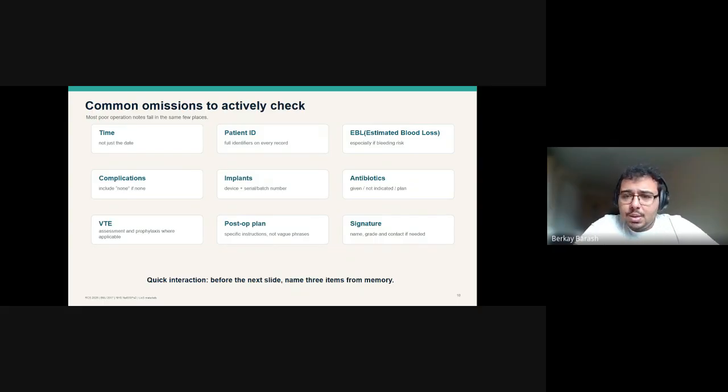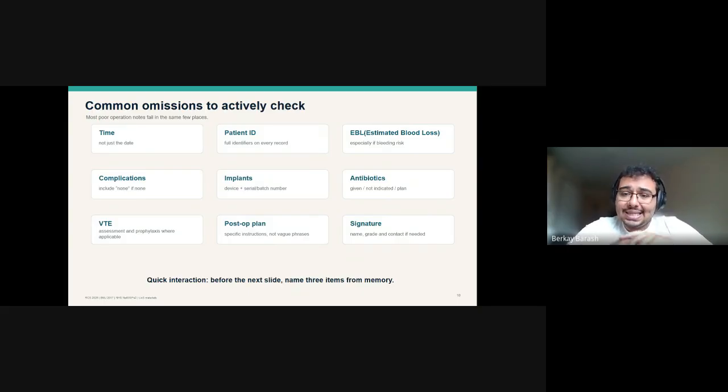For time, not only the hour and the minute, we want to ensure that we have dates and how it was started, etc. We want to make sure that we have all the patient identifiers in there, and the estimated blood loss properly written down, any complications, and implants. We want to ensure that they are written down properly, especially implants.